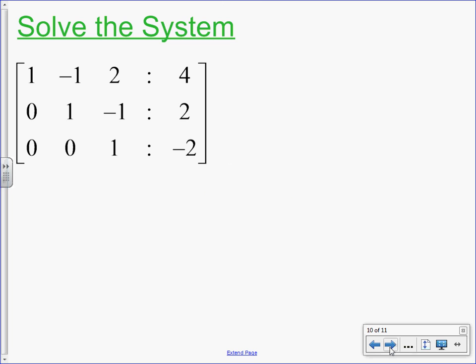Okay, so what kind of form is this? Row echelon. This is row echelon form. We have that seatbelt of 1s and then with the zeros underneath, but then these are other numbers, so it's just row echelon form. Go ahead and write this matrix down.